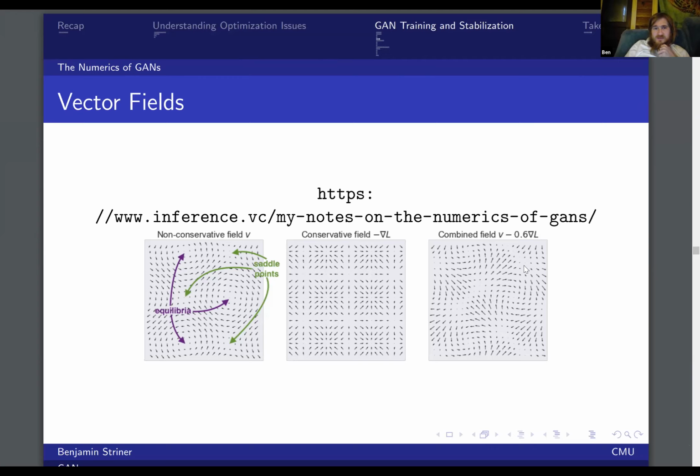If you were in this saddle, like this upper right saddle point, you could end up there, but if you were there, you kind of fall slightly to the bottom right. You can get out of that saddle point. Versus if you're at these equilibria points, it's really spiraling into that equilibrium point, and that's where it wants to be.